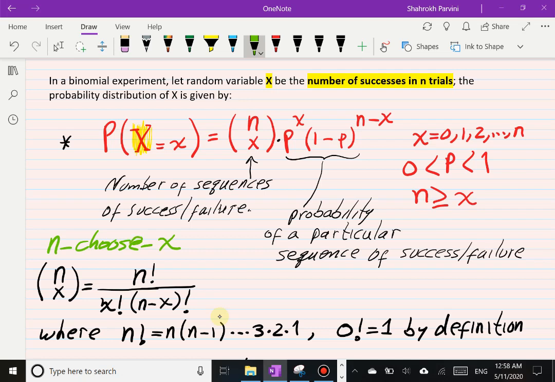Why do they call it choose? What exactly is it we're choosing? Well, it turns out to be the number of subsets of size x from a group of size n. That's what that is. As you will see in a moment, through an example, I'll explain that.